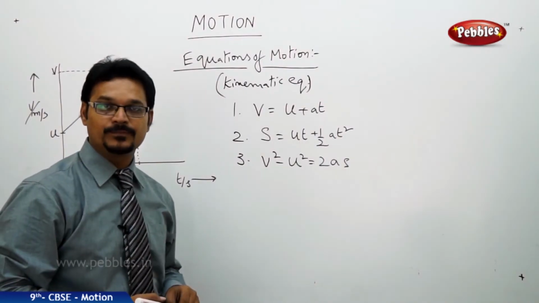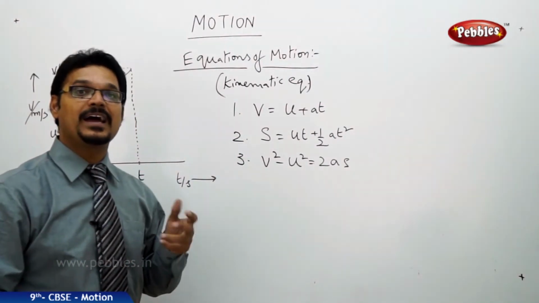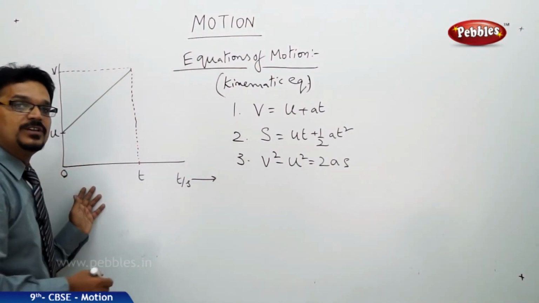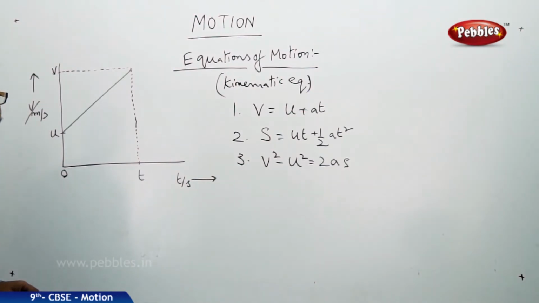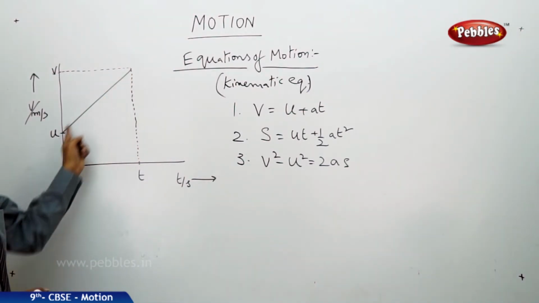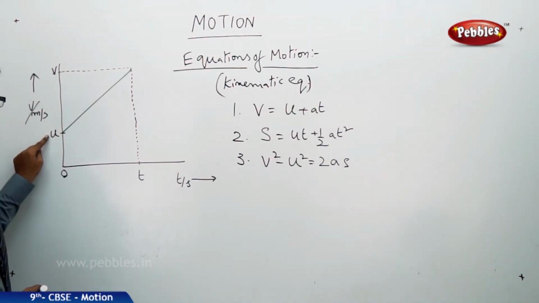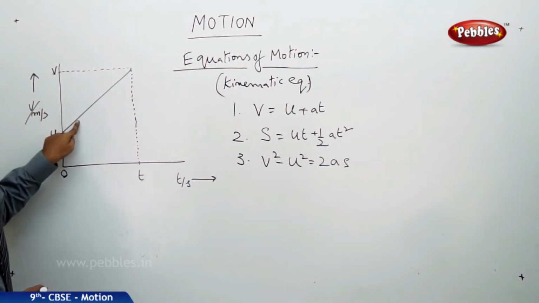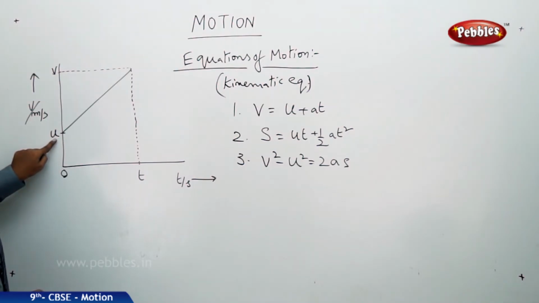But here I am going to derive these equations graphically using the VT graph. If you see this VT graph, a straight line is drawn. The straight line tells that the body has some initial velocity u. If the graph line starts from here, then I can say the body starts from rest because v equals 0. But here v is u.